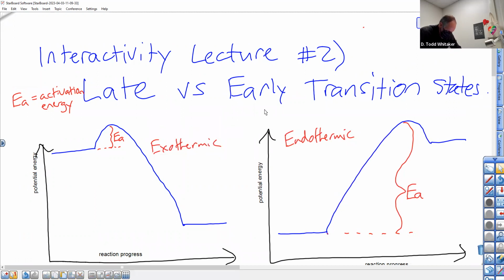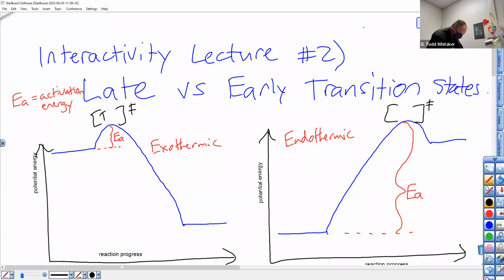The reason I lowered it is I was going to ask you what lives at the top of the hill. A transition state, TS. Transition state.